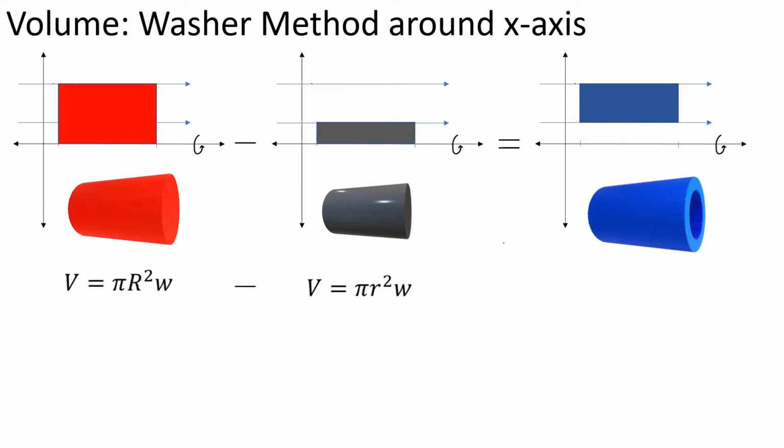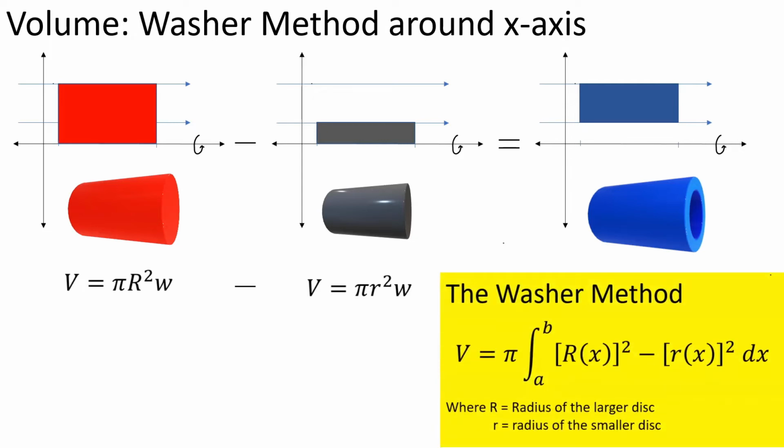The formula will be the same as the disk method, which is pi r squared times W, minus pi r squared W also. The first one being a capital R for indicating a bigger radius, the second one with the lowercase r for the smaller radius.